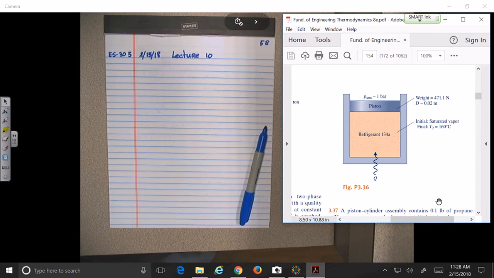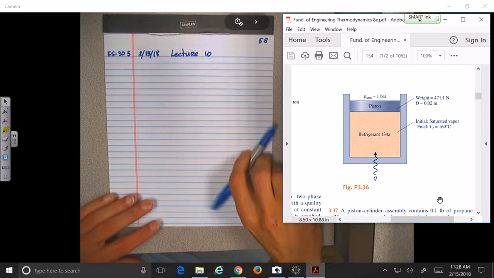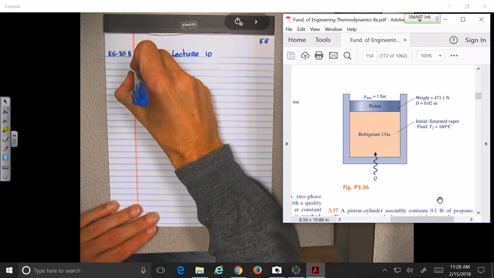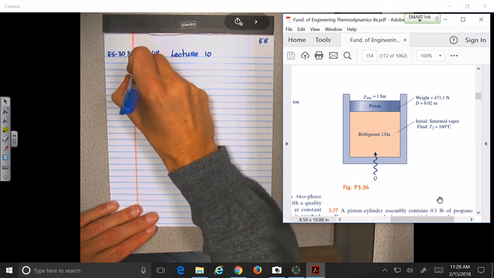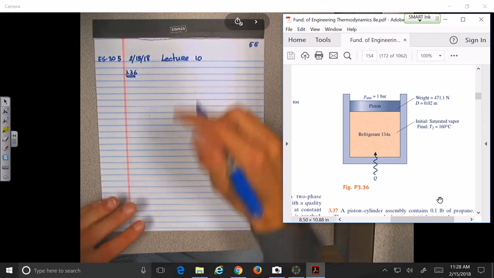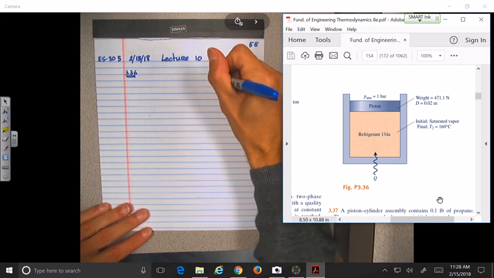Okay, so as a practice problem, I'm going to do problem 336. Before looking at the problem statement, it looks like we have a piston cylinder assembly.